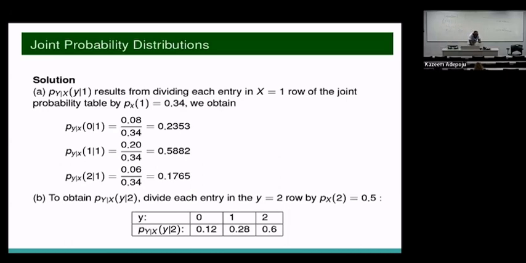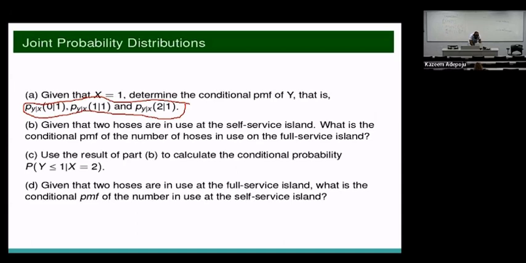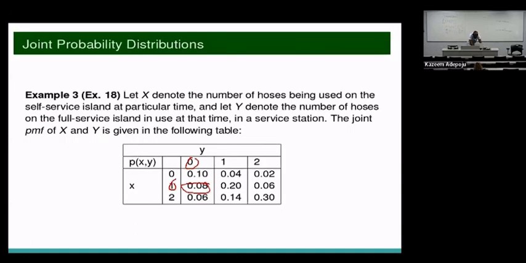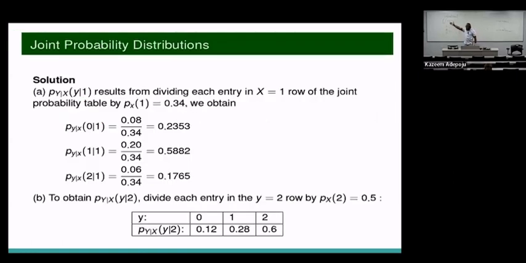If you want to figure out the probability of x equal to 1 from the table here, what are you going to do? x equal to 1, right? You're going to add the 0.08 to 0.20 to 0.06. That is going to give you 0.34, which is the denominator you've been using. Any question about that? That is what you're going to have.